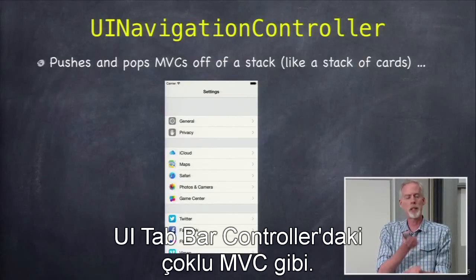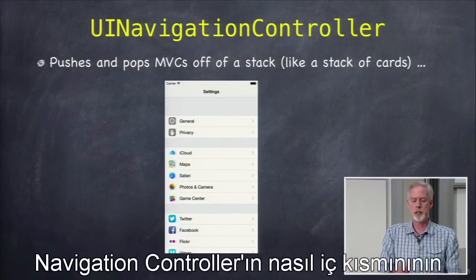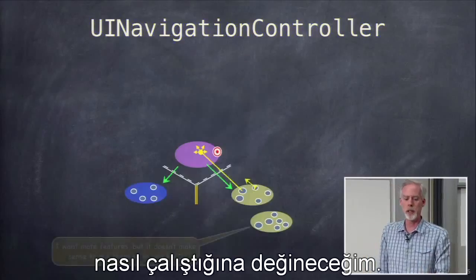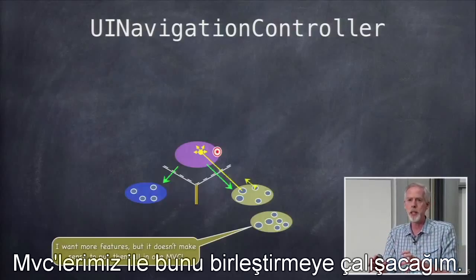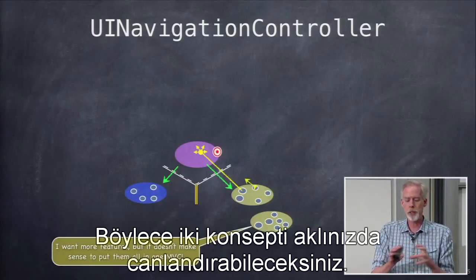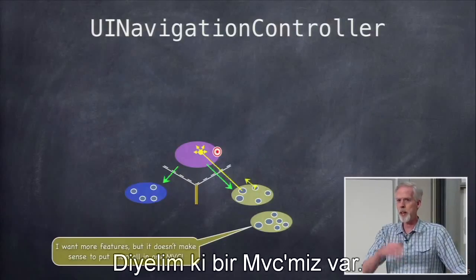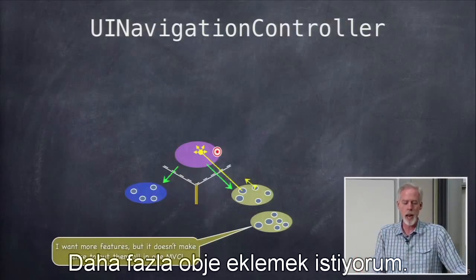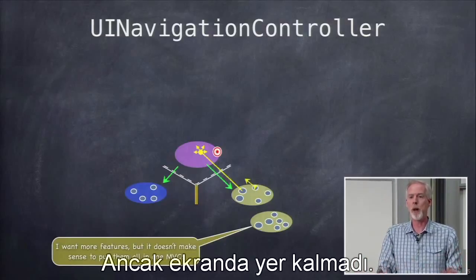All right? But it's just like split view controller or UI tab bar controller in that it is showing multiple MVCs. So I'm going to talk a little bit about how navigation controller works internally so you can get a feel for it. And I'm going to try and mix it with our MVC image that we had so you can kind of combine the 2 concepts in your mind. So let's say I had an MVC, this one up here, the purple MVC thing, and I had more features I wanted to put on there, but there's just not enough room on the screen anymore.